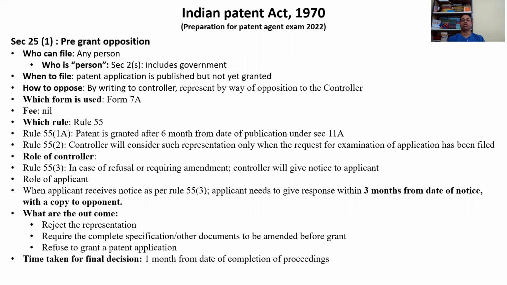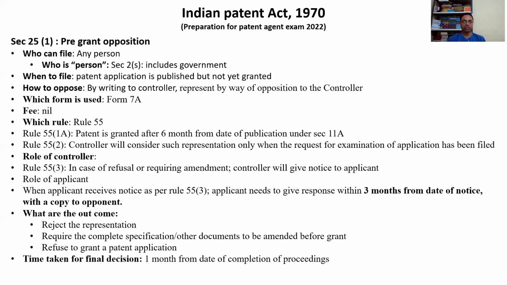There is no risk involved in that scenario. There is no use of going for a hearing, or of raising prior arts or prior use. There is no use of undergoing such a process. Therefore, the controller will consider our pre-grant opposition only when the request for examination has been filed.